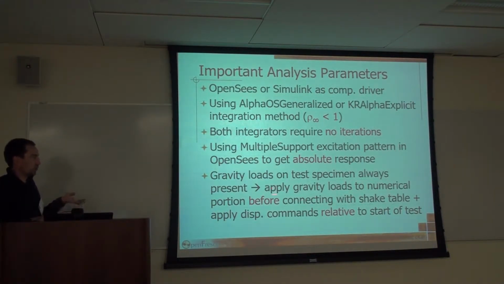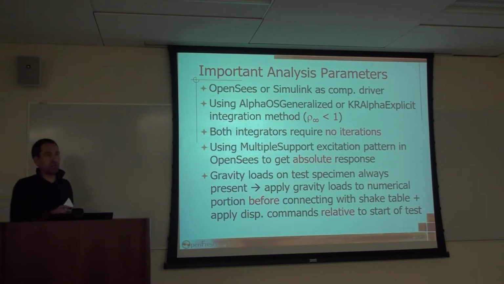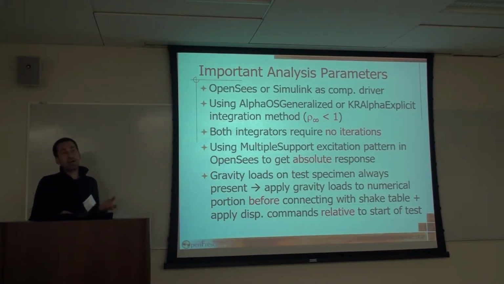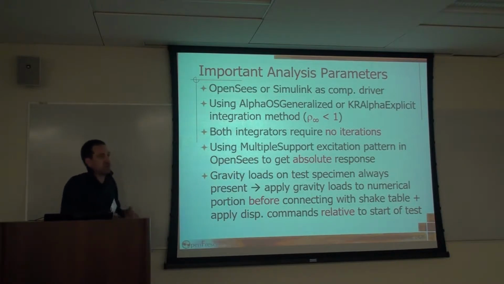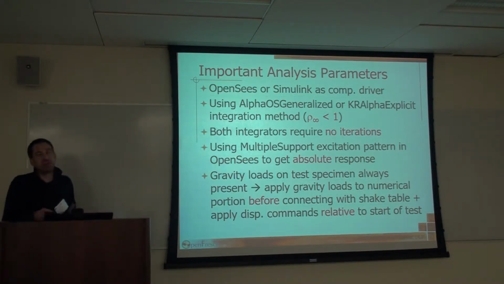How do you do this? So typically you do it differently than in a normal analysis. You basically put your gravity loads into the numerical portion before you connect with your shake table. Because otherwise, if you first connect to your shake table and then you put your gravity load and then you need to do your static analysis, you're going to have trouble during your static analysis.